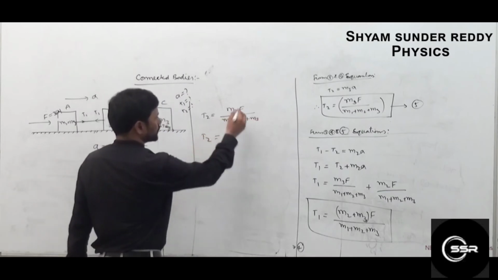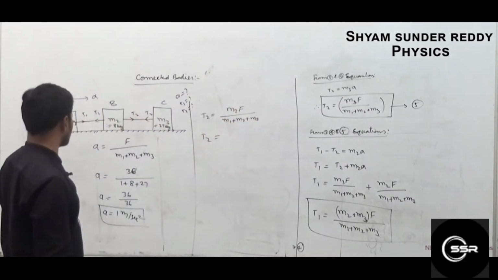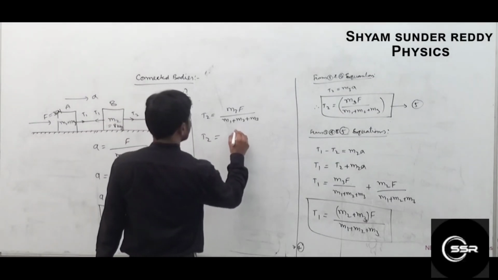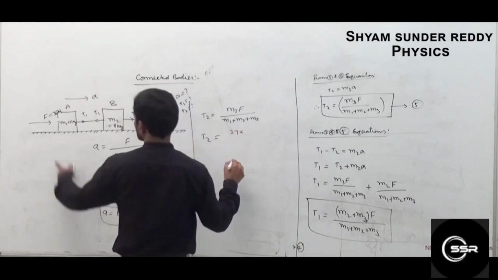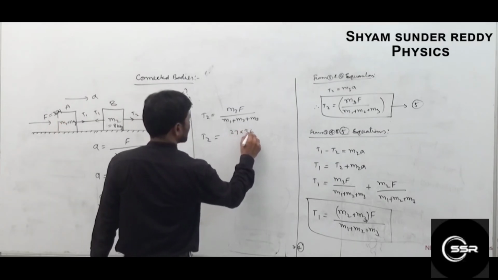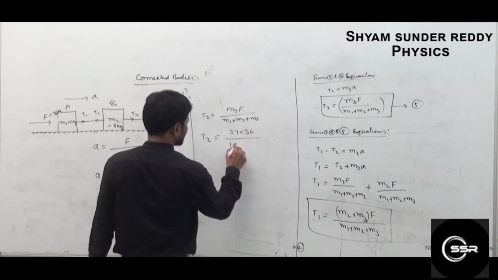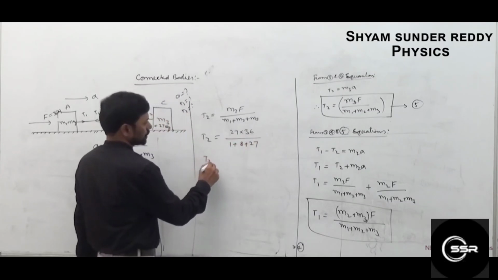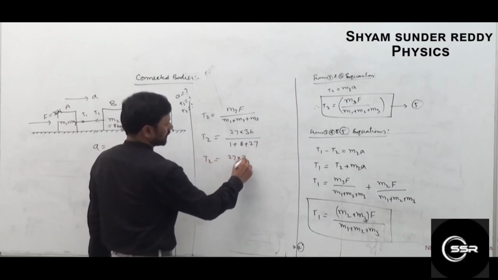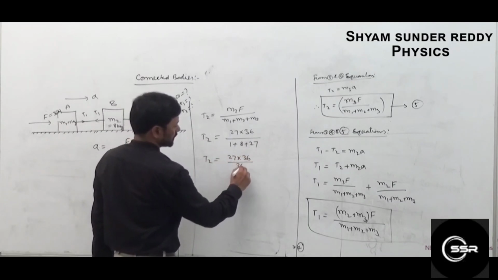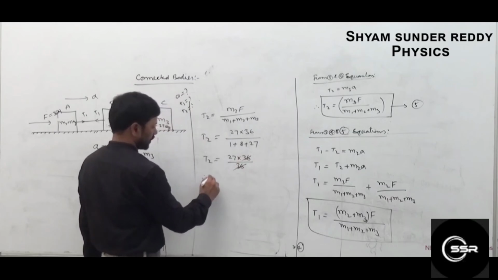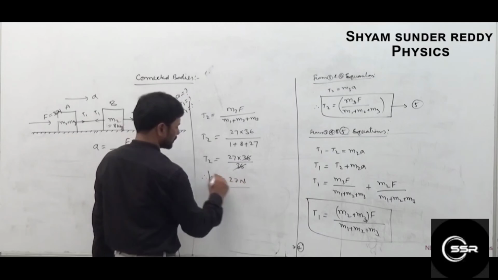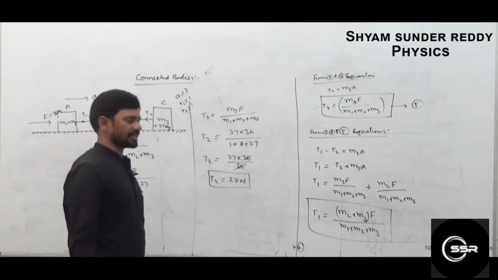Just substitute the values of F and M1, M2, M3 in this equation. What is M3? 27 into 36 by 1 plus 8 plus 27. This is T2 is equal to 27 into 36 by 36, 36 gets cancelled. Therefore, T2 is equal to 27 newtons.